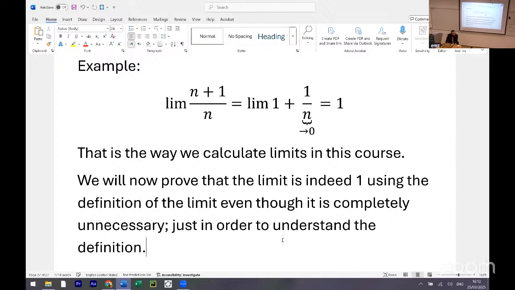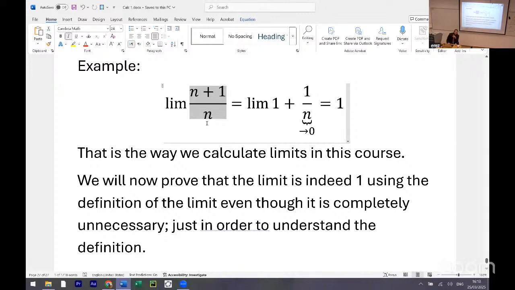Okay, do you see what I'm saying? Don't think that the purpose of the definition is to make things that are quite simple hard. It's not the purpose. In the test, I will not use the definition on such a sequence.